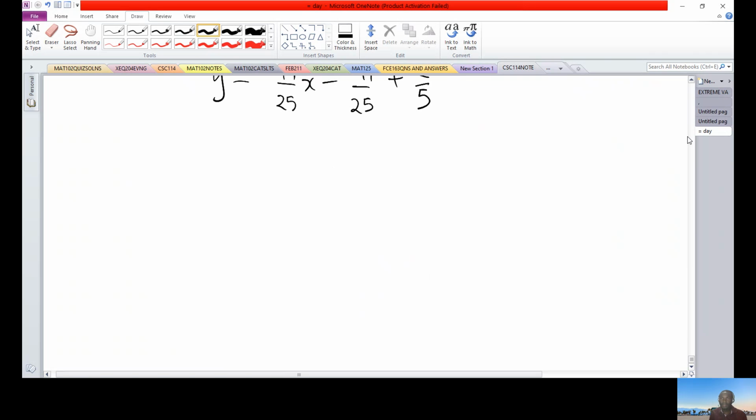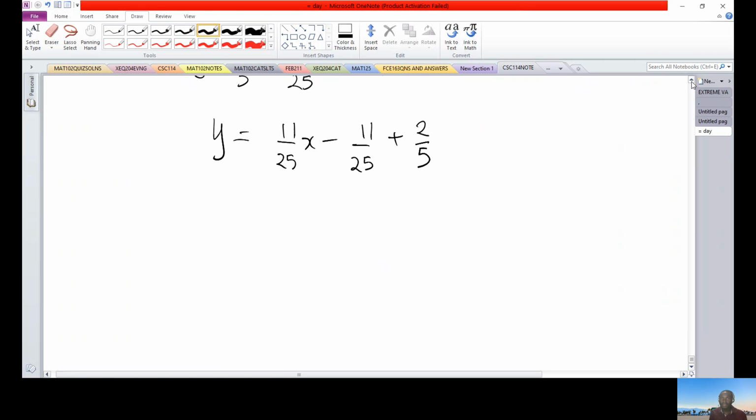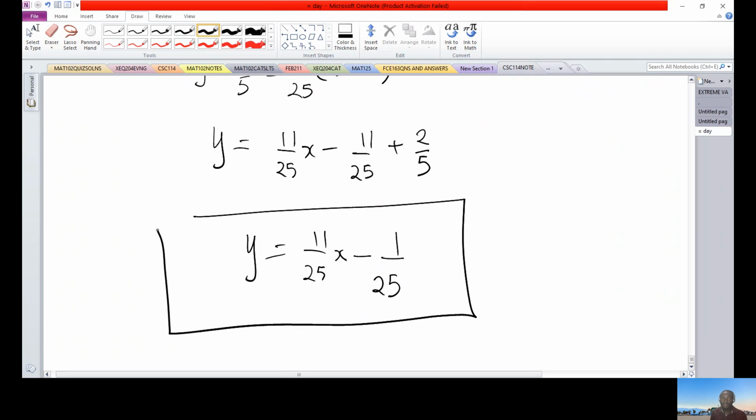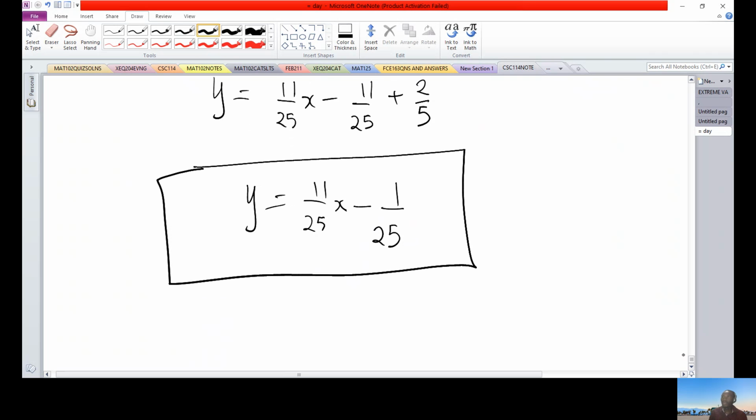And when you add -11/25 + 2/5, you get y = 11/25 x - 1/25. So this is the equation of the tangent. In a similar manner, you can work out as many problems as possible applying just the same rule.